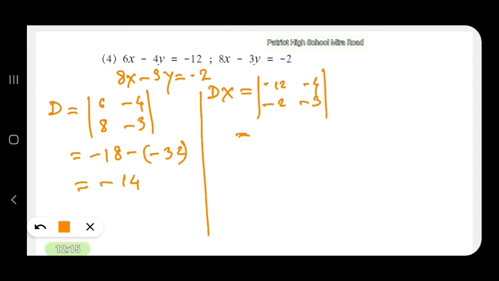So it will be 12 3s are 36. It will be a positive quantity, the product of two negatives is positive. Then we have minus, again two negative quantities, the product will be positive, but here we have a minus sign, so it will be minus 8. 36 minus 8 will be 28.